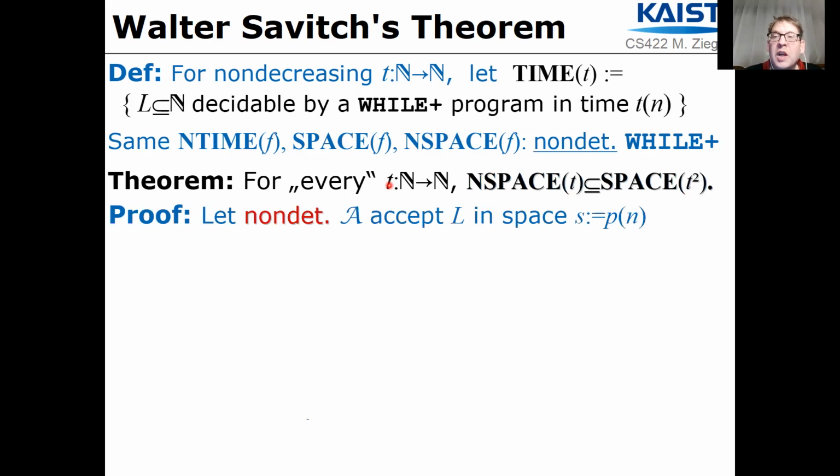So according to the theorem, we have to start with a non-deterministic while plus program, let's call it A, that accepts the decision problem L using an amount of memory, which we'll abbreviate here with S. And remember that accept means, for non-deterministic computation, that for every input in L, there must exist a sequence of guesses of the non-deterministic while plus program which leads the program to accept.